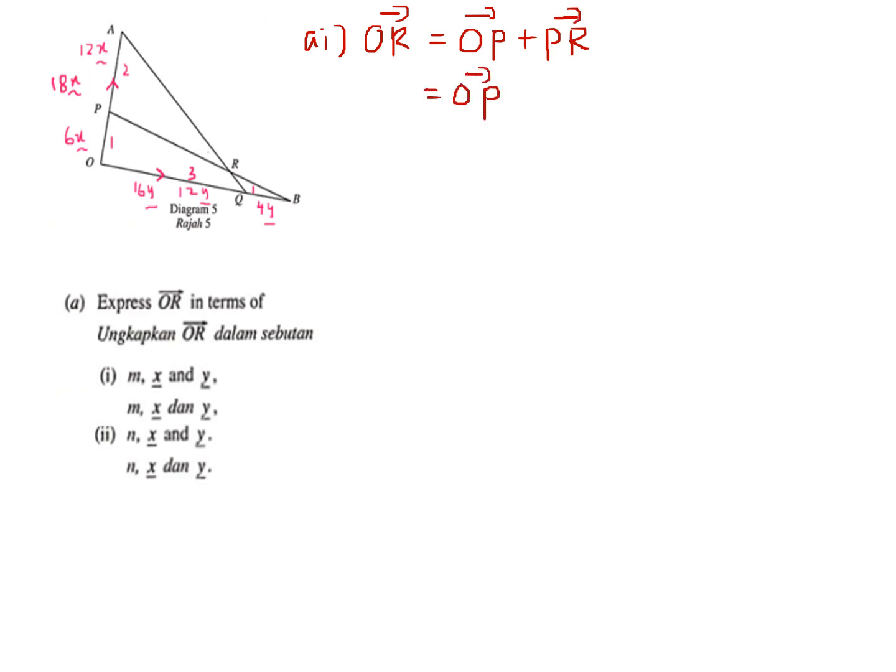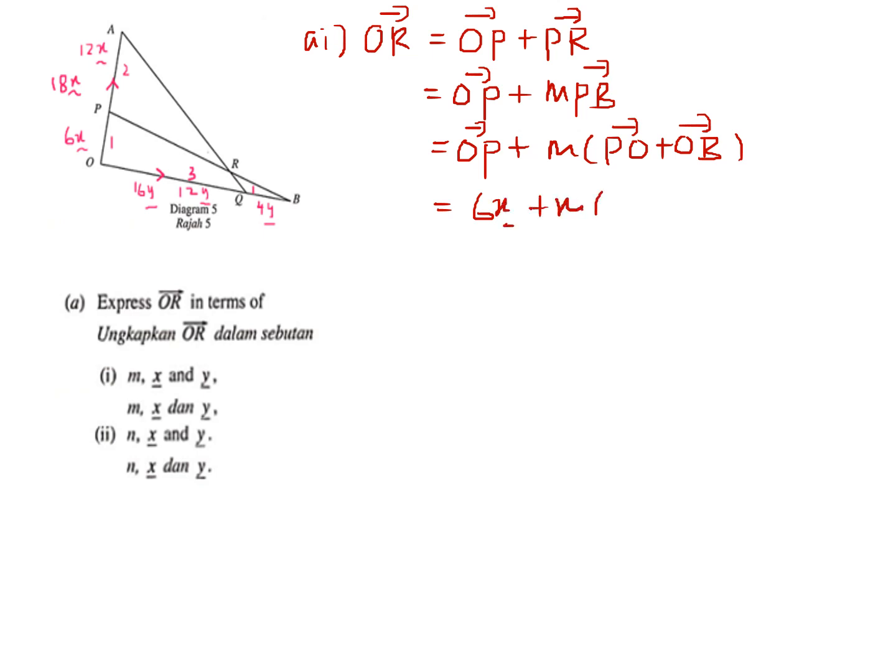Given in the question, vector PR is m vector PB. So OR equals OP plus m times vector PO plus vector OB. Vector OP is 6x plus m times vector PO, which is opposite in direction to vector OP, which is negative 6x, plus OB, which is 16 vector y.